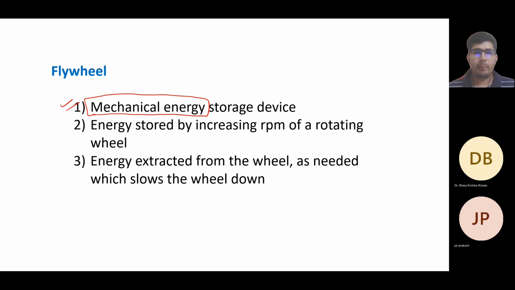The principle of operation is that energy is stored by increasing the RPM of a rotating wheel. Energy is extracted from the wheel as needed, which slows the wheel down.